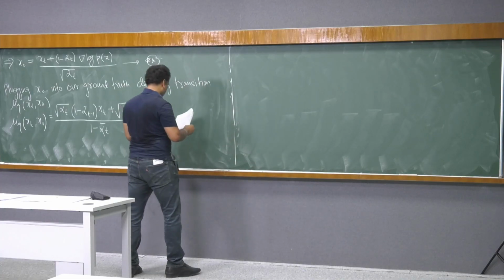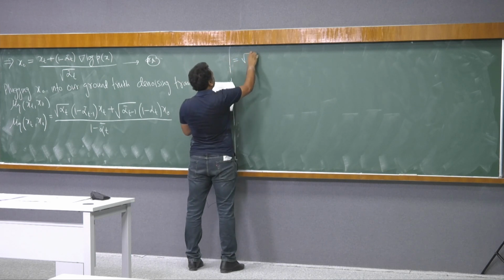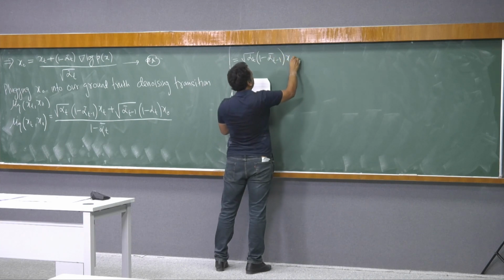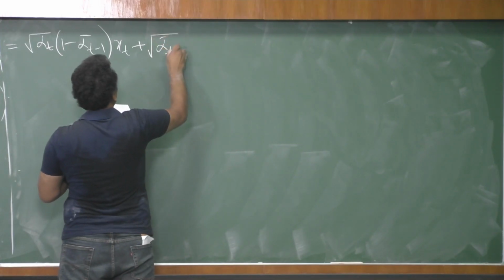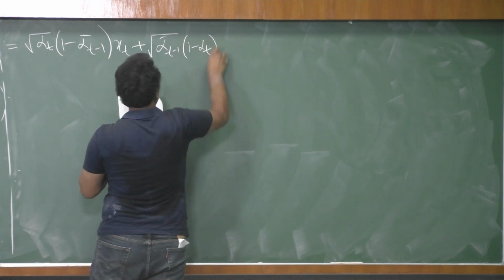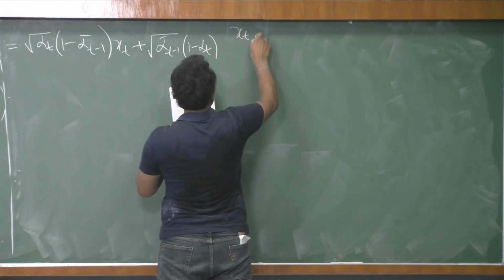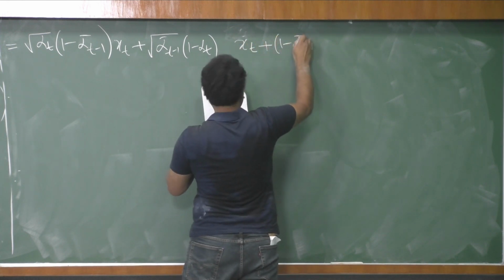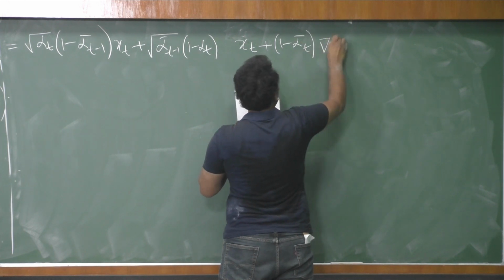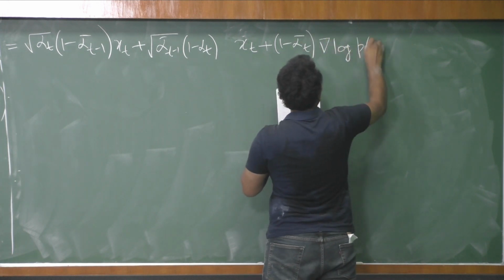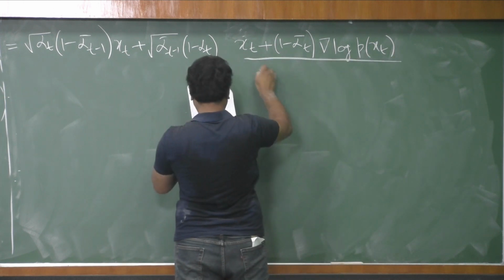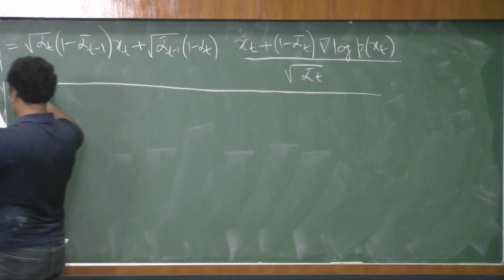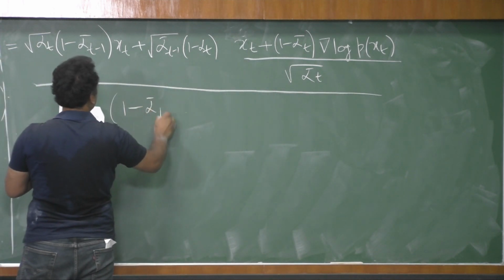So continuing from there, we have plus square root of alpha bar t minus 1 times alpha t, and we substitute the x naught here. And then the whole thing is divided by 1 minus alpha bar t.